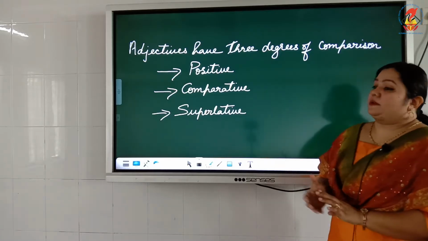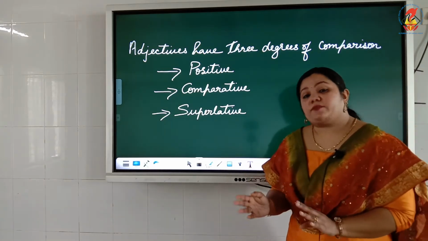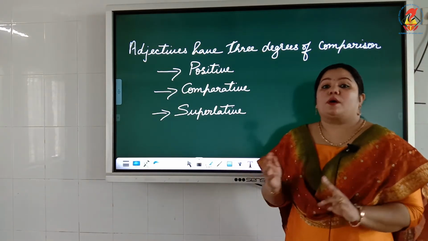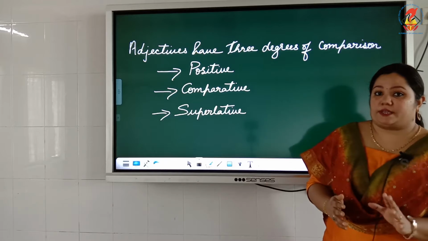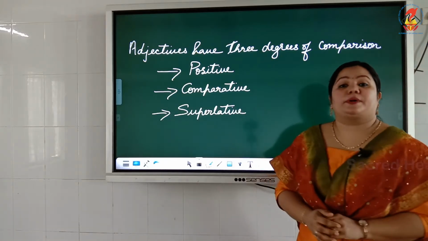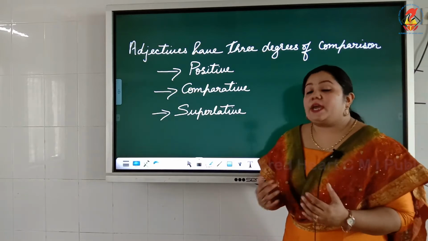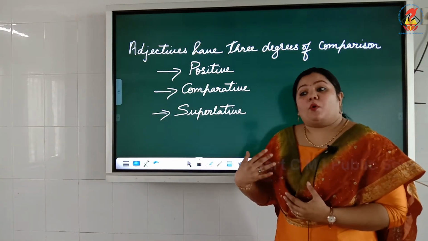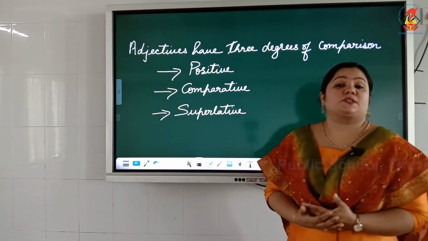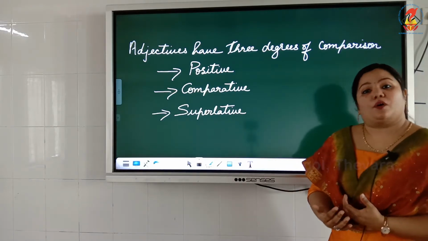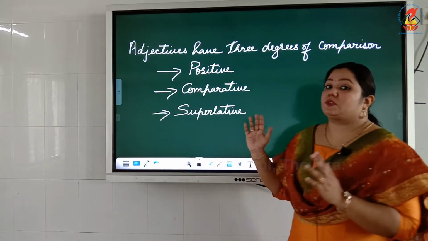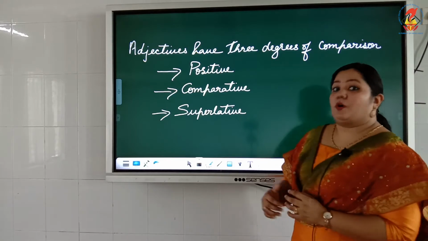Now the second one, comparative degree, when we have to compare between two persons, animals or things. The sentence would be in the comparative degree. And the third one, superlative, when we have to compare between more than two persons, animals or things. That sentence would be in the superlative degree of comparison.